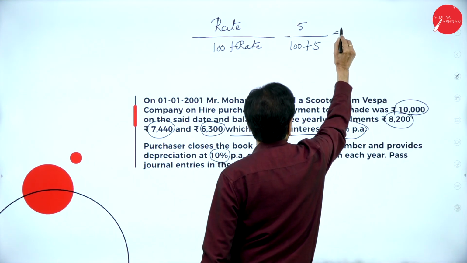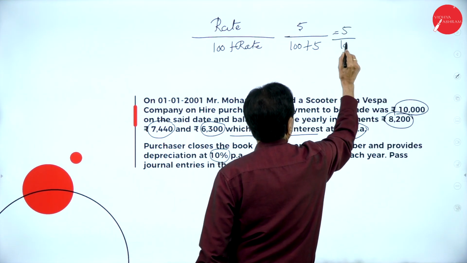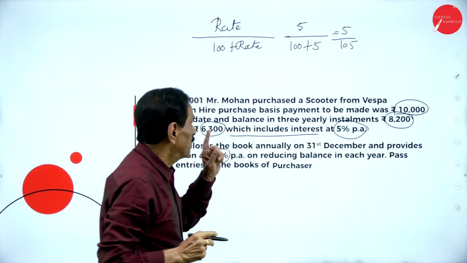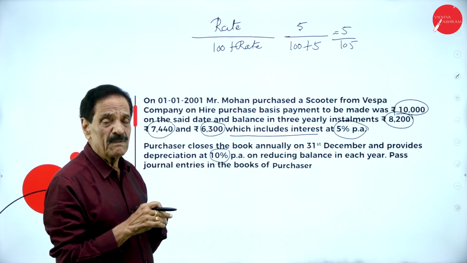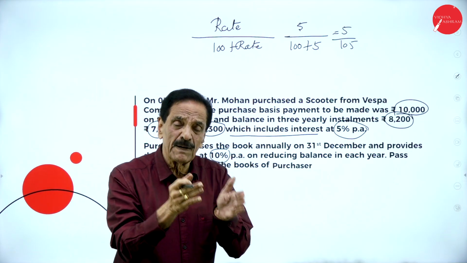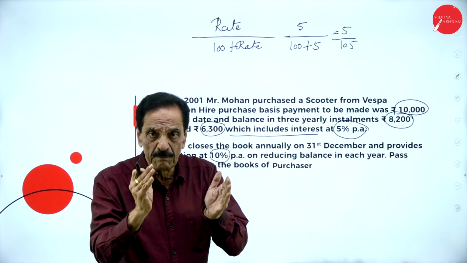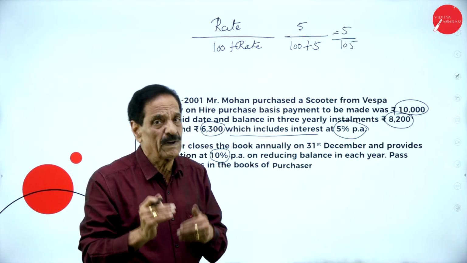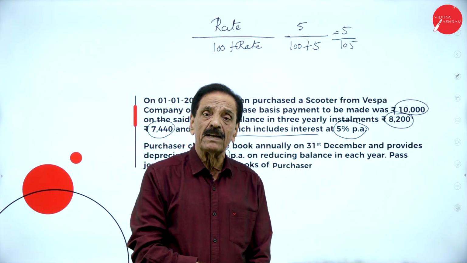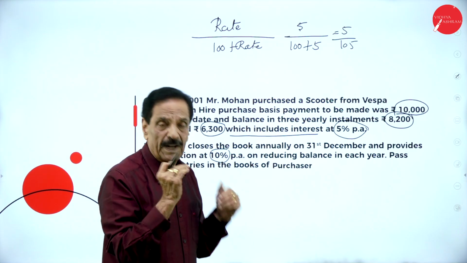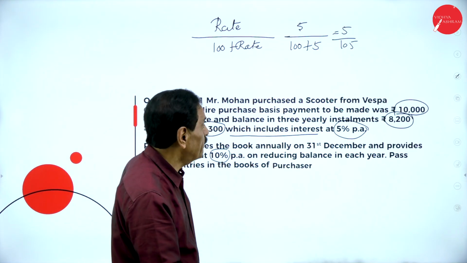This is 5 by 105. This is the method when the amount already includes the interest. If it is 10%, 10 by 110, if it's 12%, 12 divided by 112, if it's 5%, 5 by 105. So this is the method of calculation of interest.